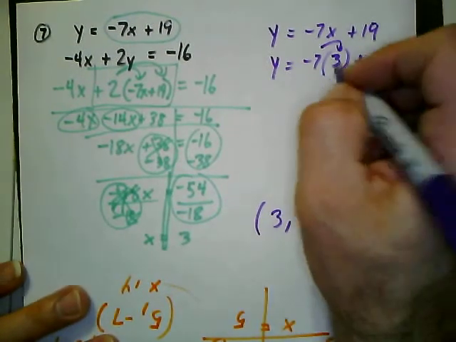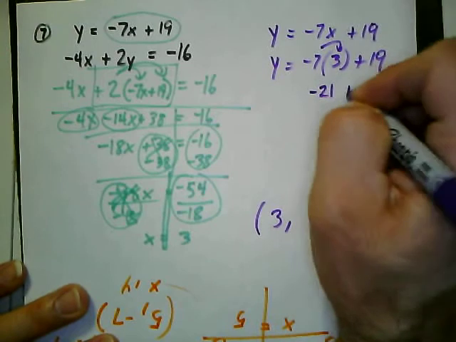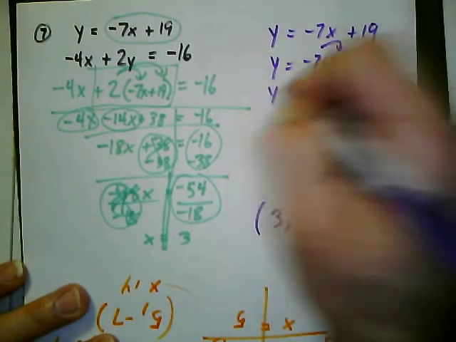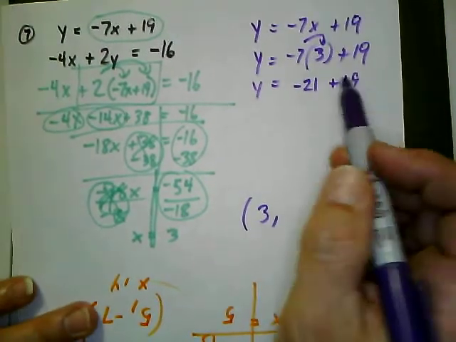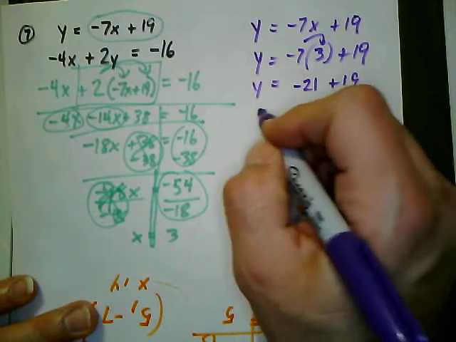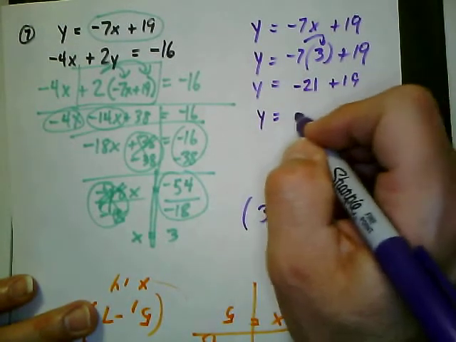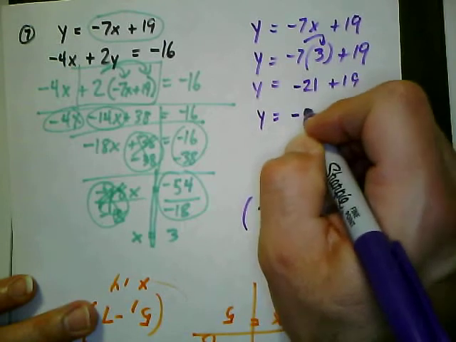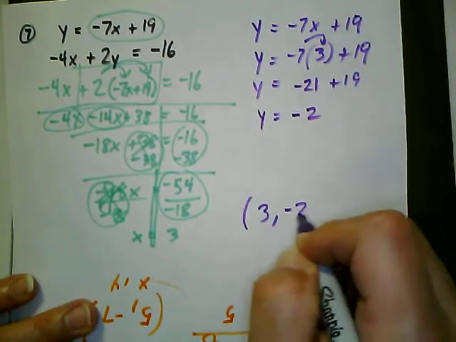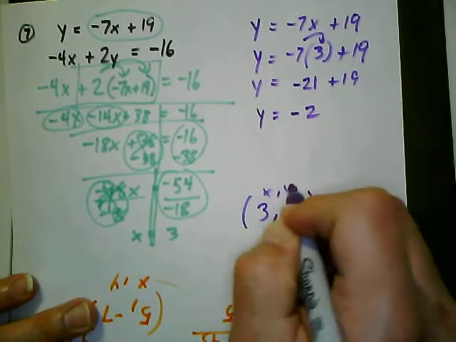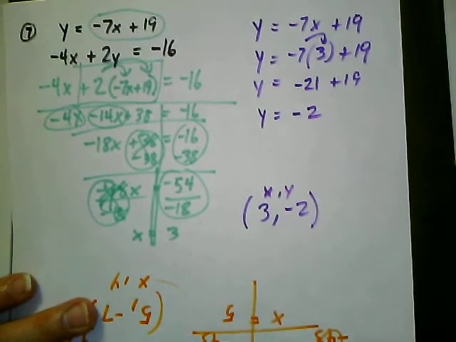Negative 7 times 3 is negative 21. And simply add those two together. y equals negative 2. And that's our x, y coordinate point. Okay? Remember, you got to do both.